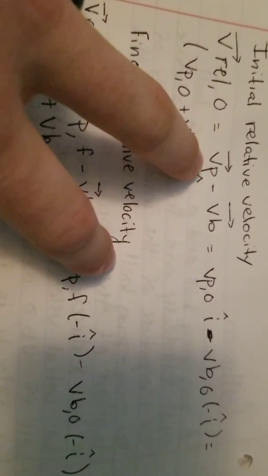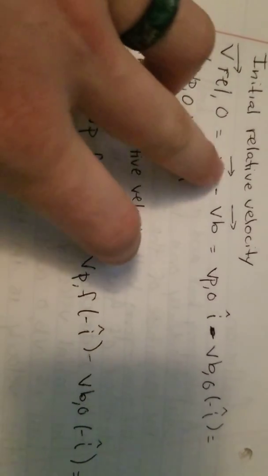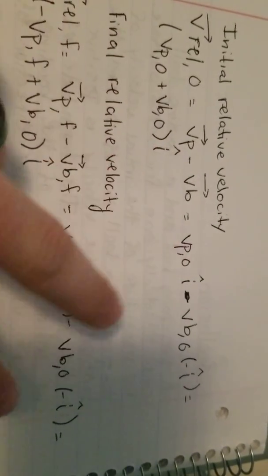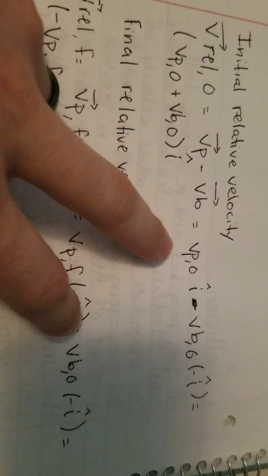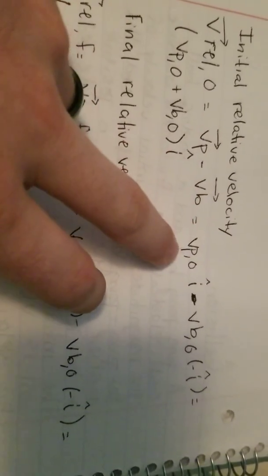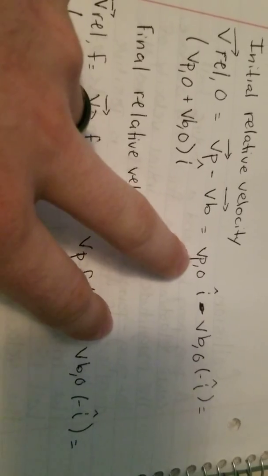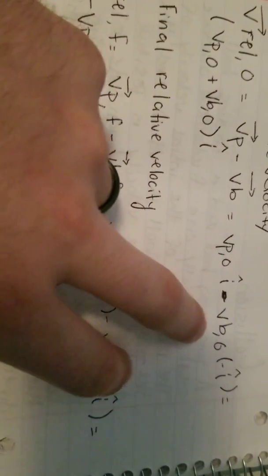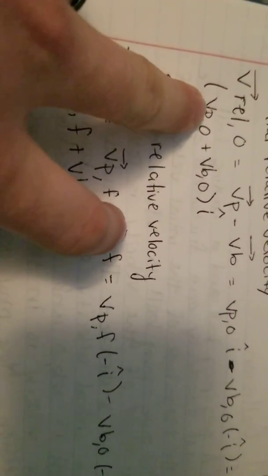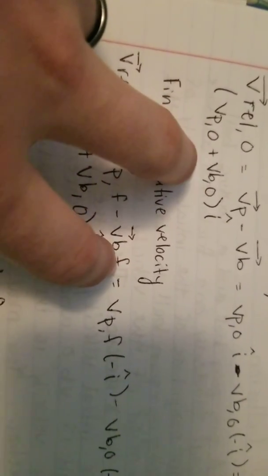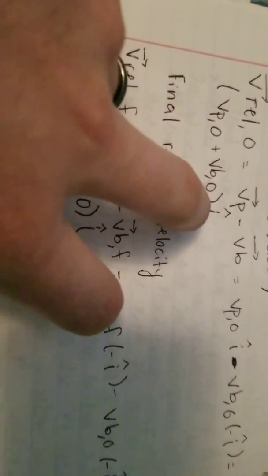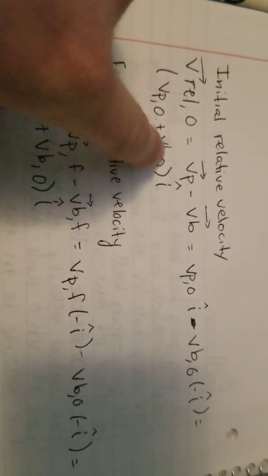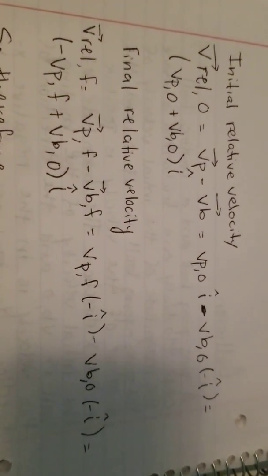We know that the velocity of the ping pong ball in the positive x direction minus the velocity of the bowling ball in the positive x direction equals the initial velocity of our ping pong ball minus the initial velocity of the bowling ball, which gives us an equation of the initial velocity of the ping pong ball plus the initial velocity of the bowling ball times i hat. This is the equation for our initial relative velocity, which we're going to use later.